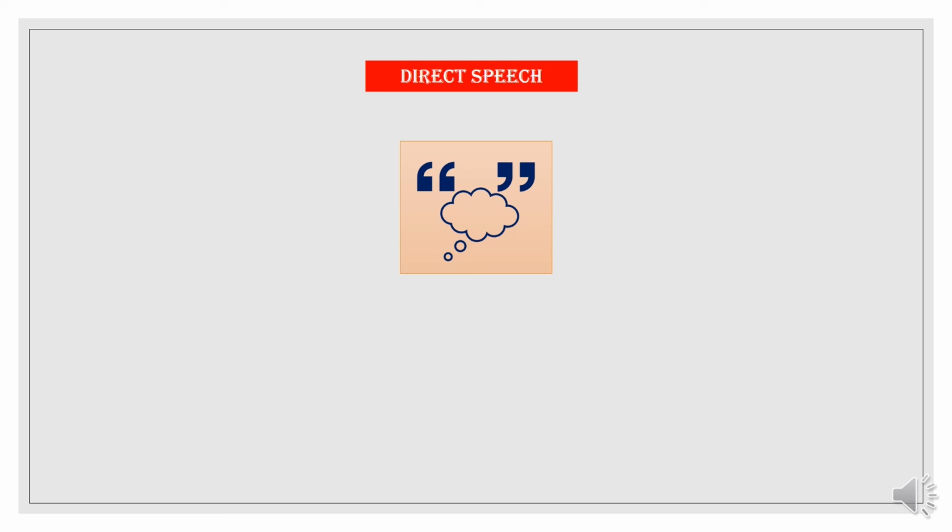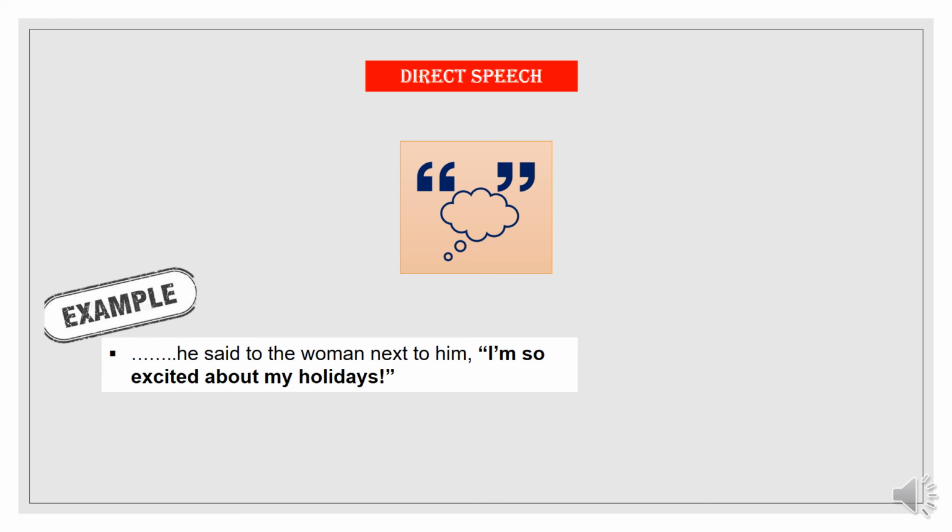Always try to have a couple of sentences in direct speech in your stories. My examples are, he said to the woman next to him, "I'm so excited about my holidays." Someone shouted, "Hi, it's you again." Right?